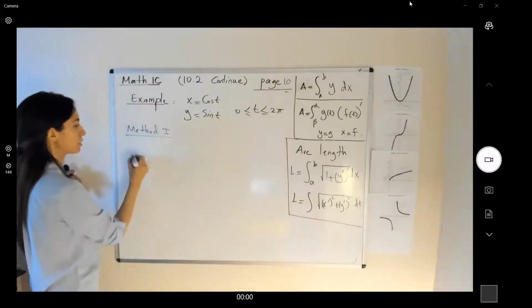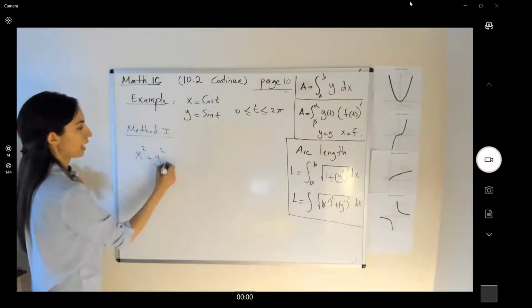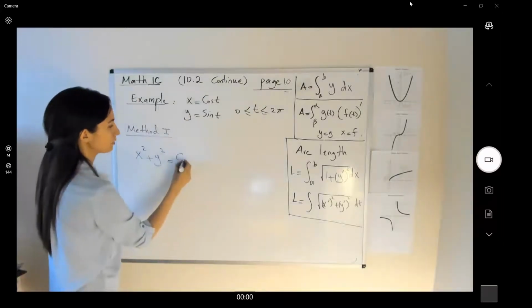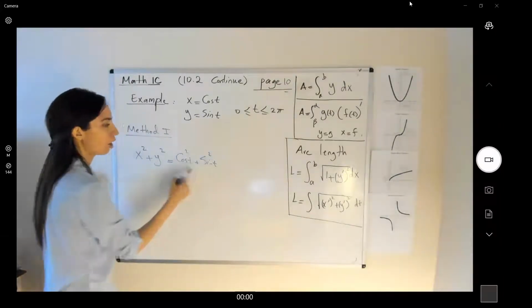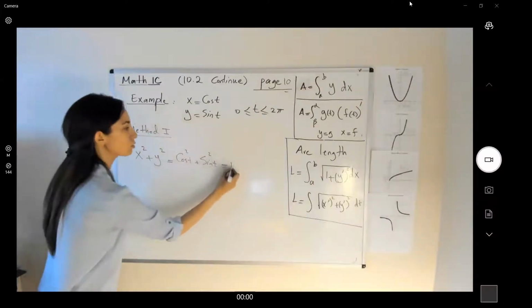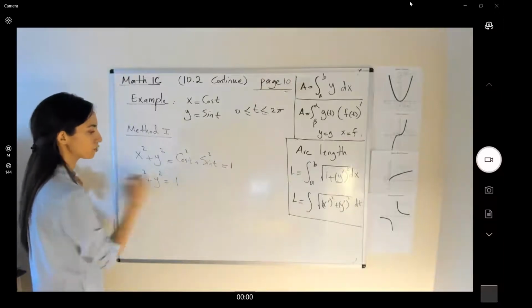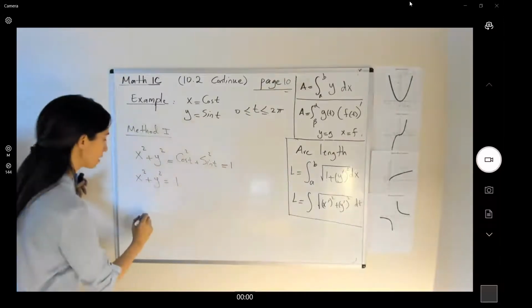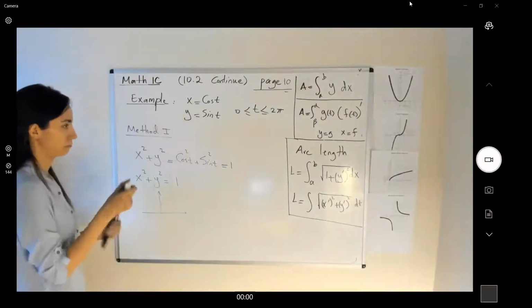If I square these two, x squared plus y squared is actually cosine squared of t plus sine squared of t. You all know that this is a trig identity and this is equal to 1. What's the meaning of that? It means that you have x squared plus y squared equals 1. What is this? This is a unit circle.